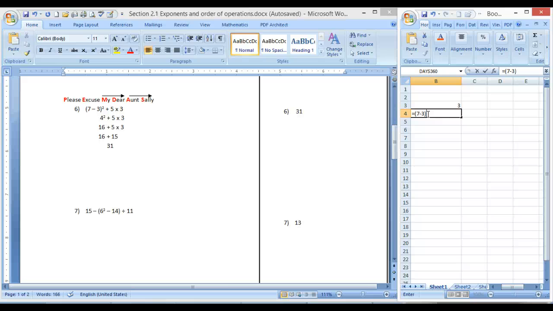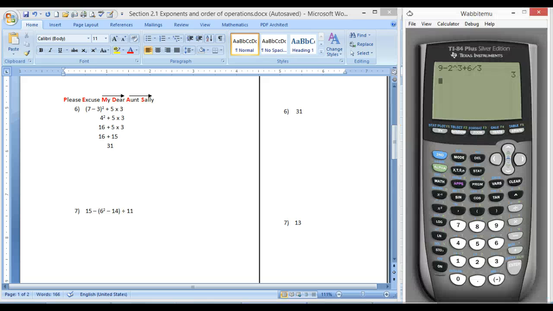Shift 0 closes the parenthesis, and then I'm going to do Shift 6 for the caret. Sorry, I'll get that out of the way. Raise it to the 2, or the second power. Now plus 5 times 3. If you've typed it in correctly, and I'm going to double check, yep, everything looks good, press enter.